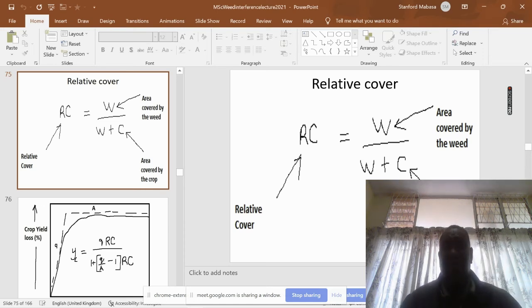This you can actually do by eye estimation. You can just go into a field and say, do I have 30% weed cover, 40, 50, 60, 100, and so on, according to your assessment. Probably with practice, this becomes accurate.